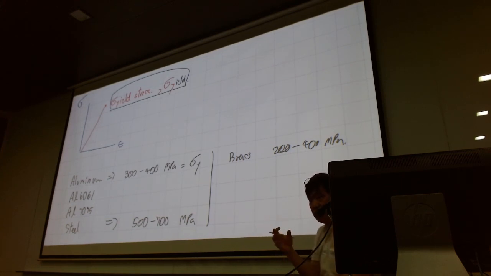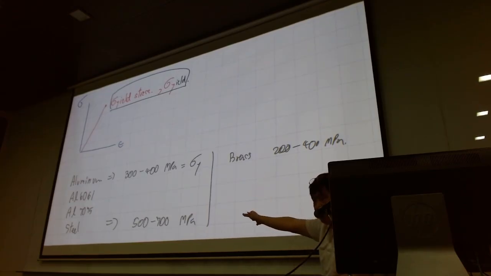You need to know those numbers because a lot of times when you do calculations and you see a number exceeding the value that was supposed to be for the metal you refer to in the class, you have to realize that, hey, maybe our calculation is wrong because our calculation is based on linear elastic deformation.